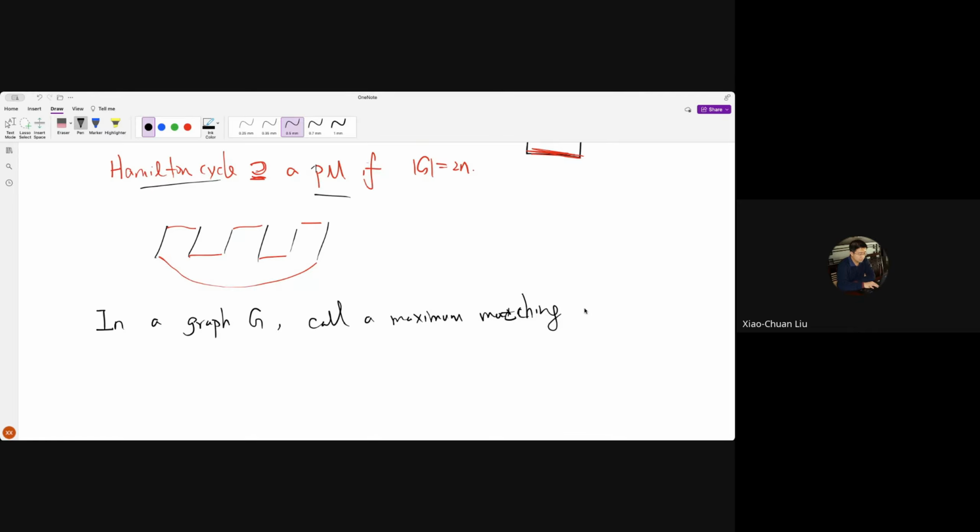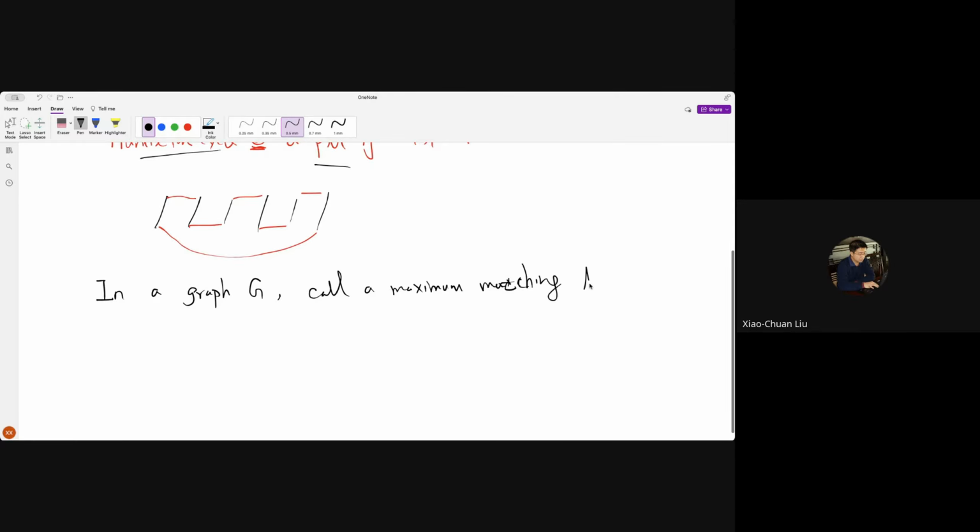Okay, so for example, M which covers the maximum number of vertices.